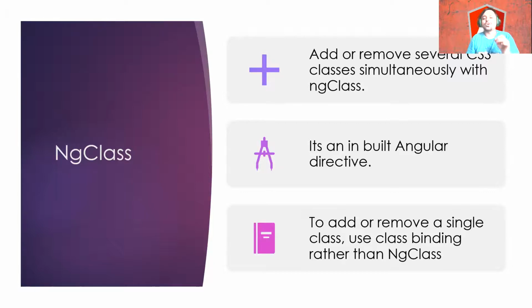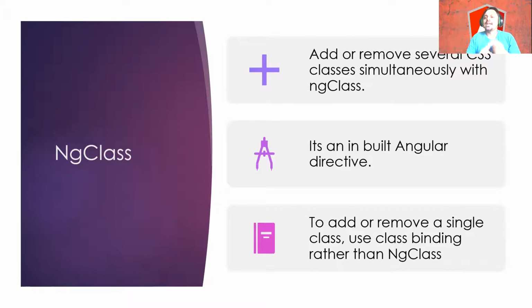But there is something called style binding, or a class binding. You should use class binding when you are dealing with only one class. It means you have only a single class, and based on any scenario, either you need to apply that class or you don't. So what is the difference between class binding and NgClass?